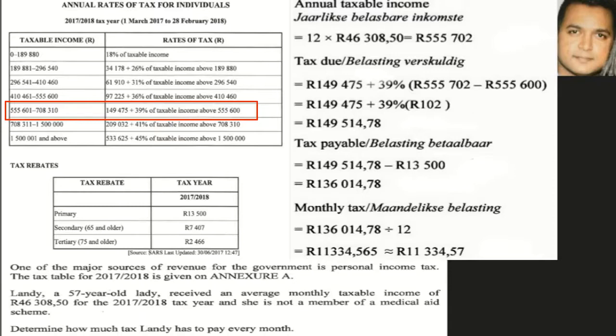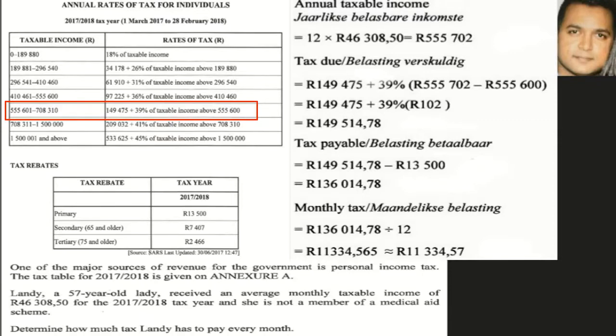If she was, let's say, 70 years old, Landy would fall under secondary, so we will allow her the 7,407 plus the 13,500. That's how it works.